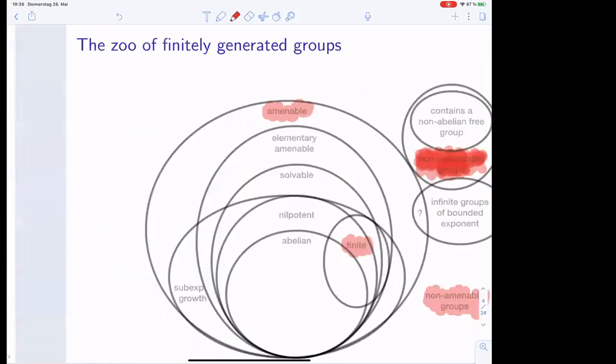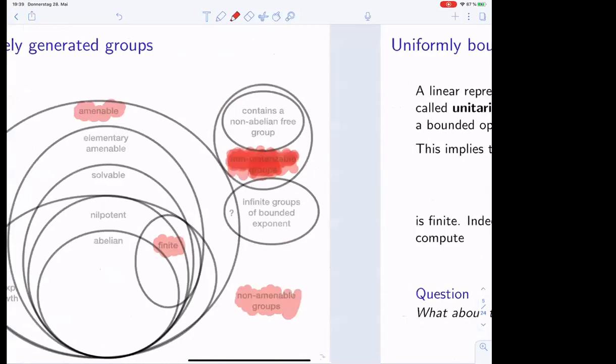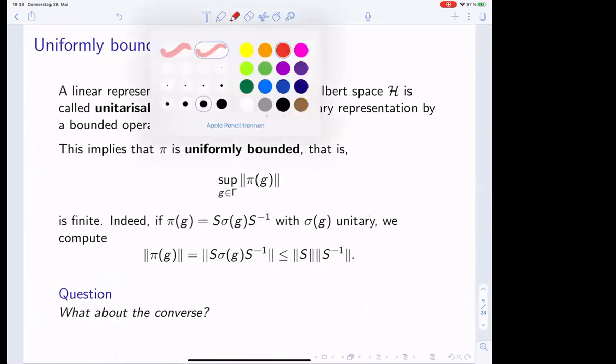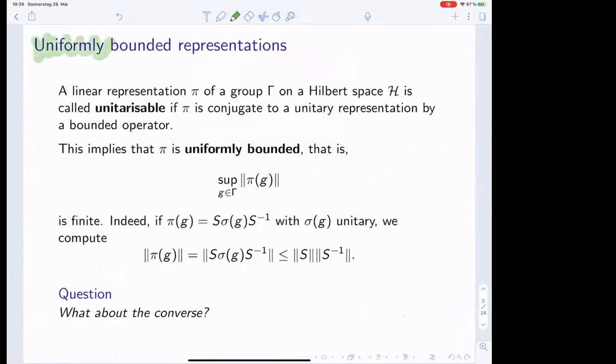So this is the previous slide, and this is the next slide. I will say a few words about uniformly bounded representations. The setting is the following. I have a group gamma and I have a Hilbert space H. And I consider linear representations of this group on the Hilbert space. Usually one studies unitary representations, so that seems most appropriate.